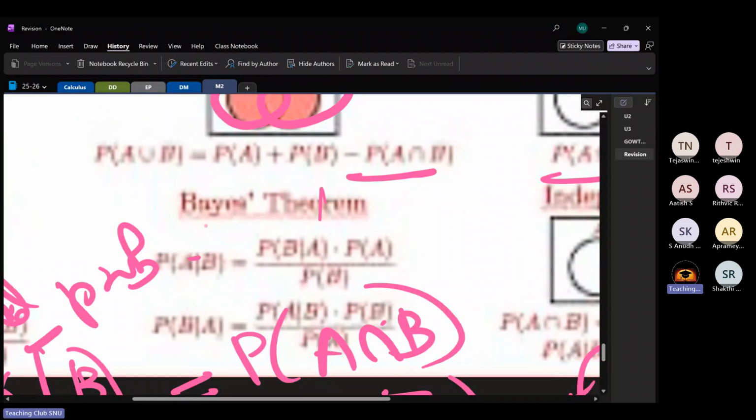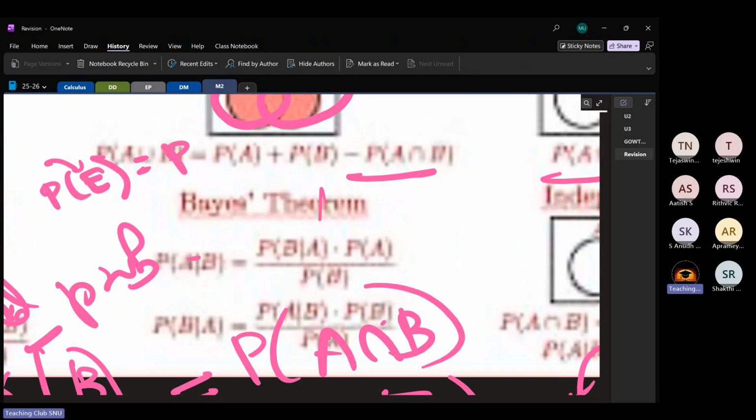And then we learned about total probability. P of E is the occurrence of E, and E can occur in multiple ways. E has intersections with E1, E2 till En, let's say. Then the probability of E is given by the formula. Let's say E1 happens. What is the probability of E happening under E1?